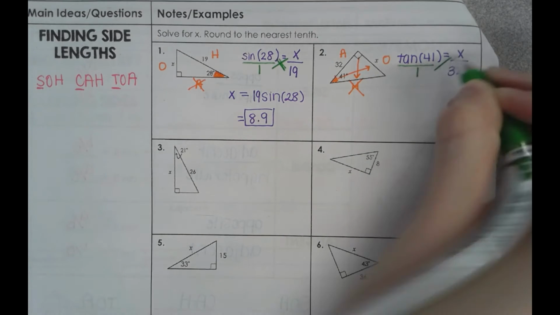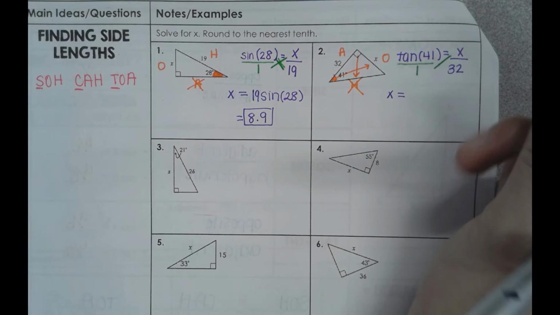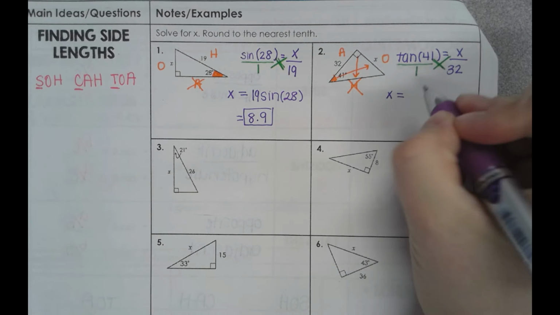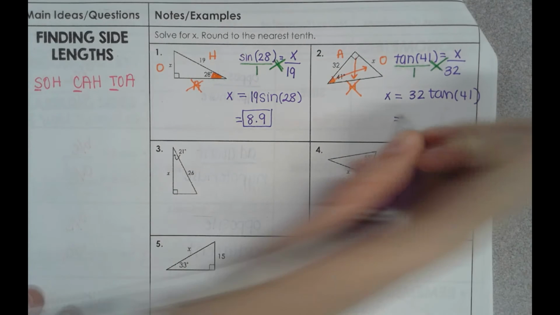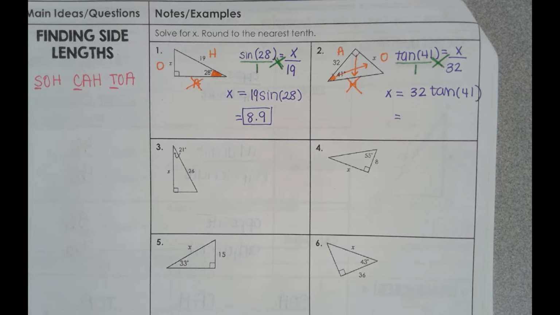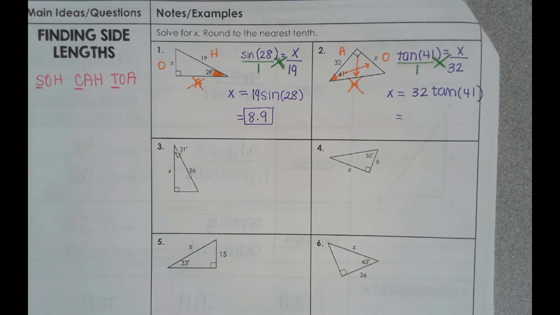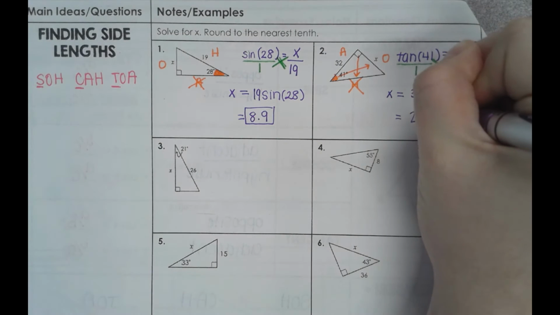So x times 1 is x equals, and then we multiply these two. So 32 tangent 41. And you get 27.8.